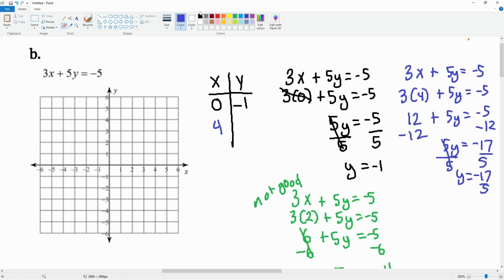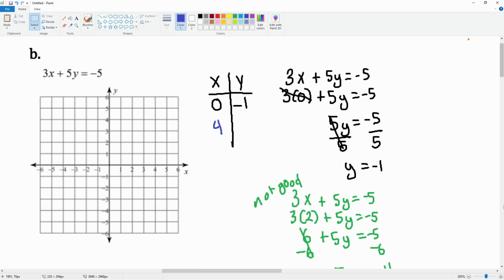All right. So, do you see how I keep going through all those numbers and it didn't work? Well, how about I actually pick a y this time? So let's put a 0 here. Let's see if this would work. 3x plus 5y is equal to negative 5.